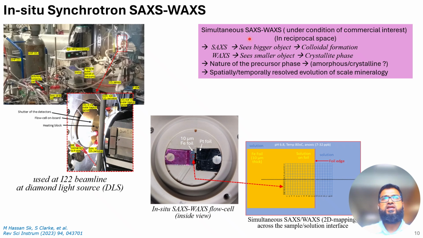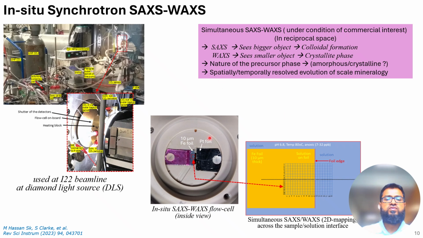As soon as any new species forms in the solution, SAXS should be able to find it due to the change in its intensity. It will indicate that, and WAXS will tell you if that is crystalline or not. So the main purpose of using this simultaneously is to understand the nature of the species that is formed.